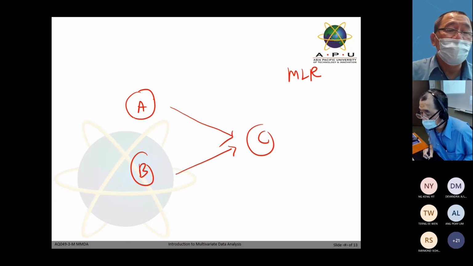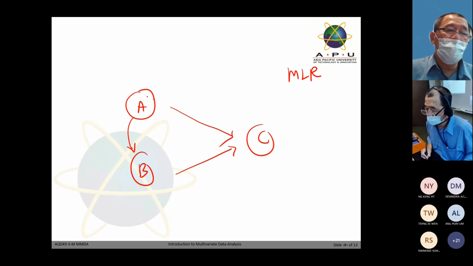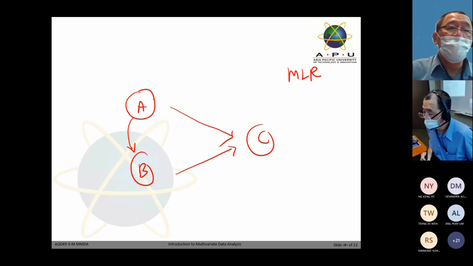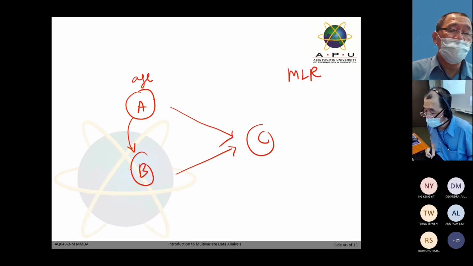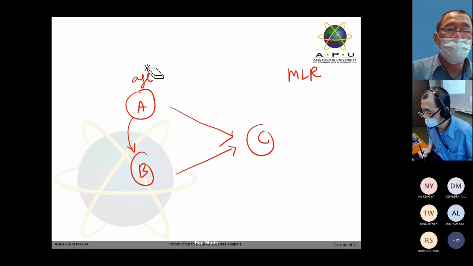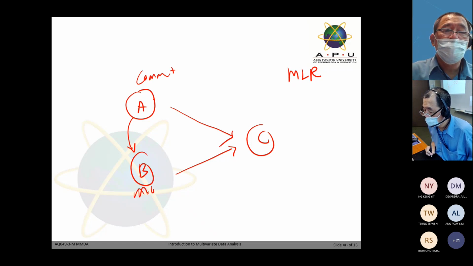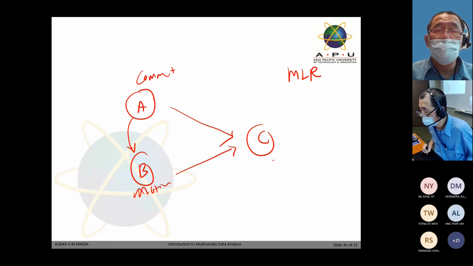Example like this, A may affect B, but A also affects C. Let's say commitment, let's say motivation, and let's say here is the work performance.